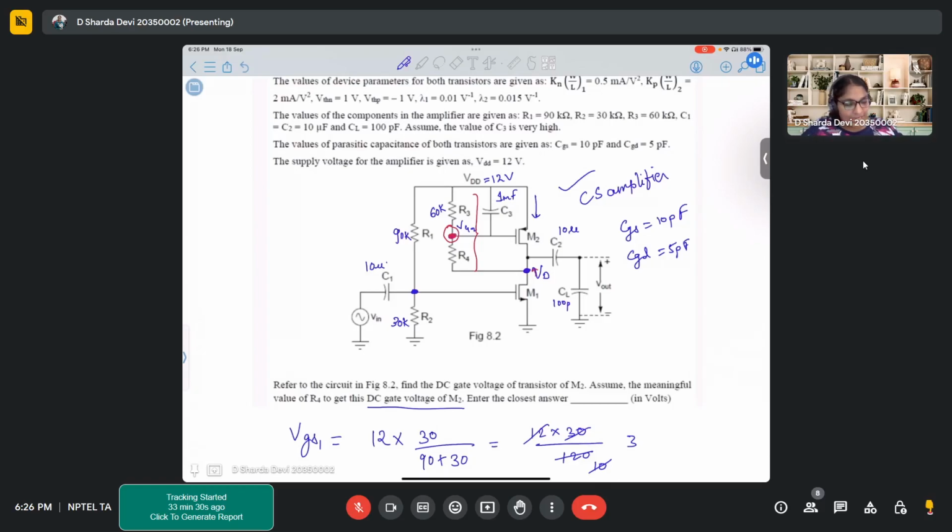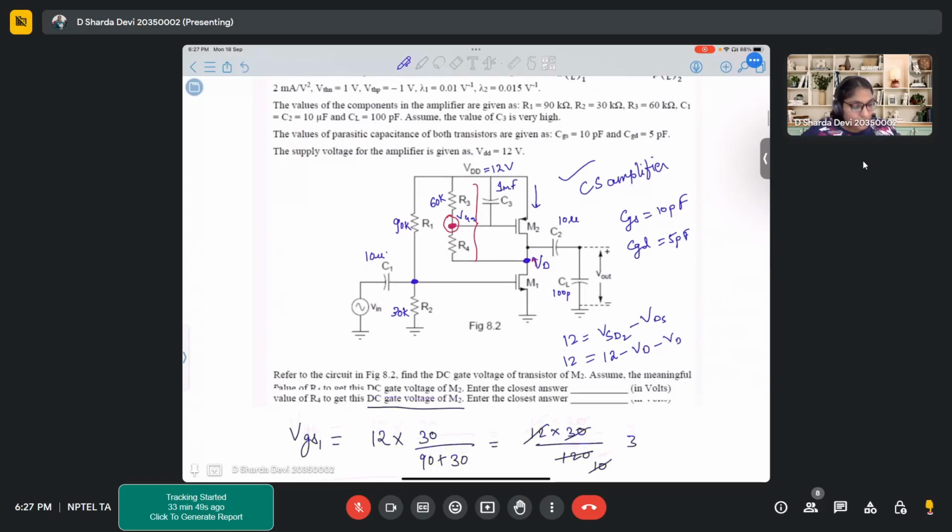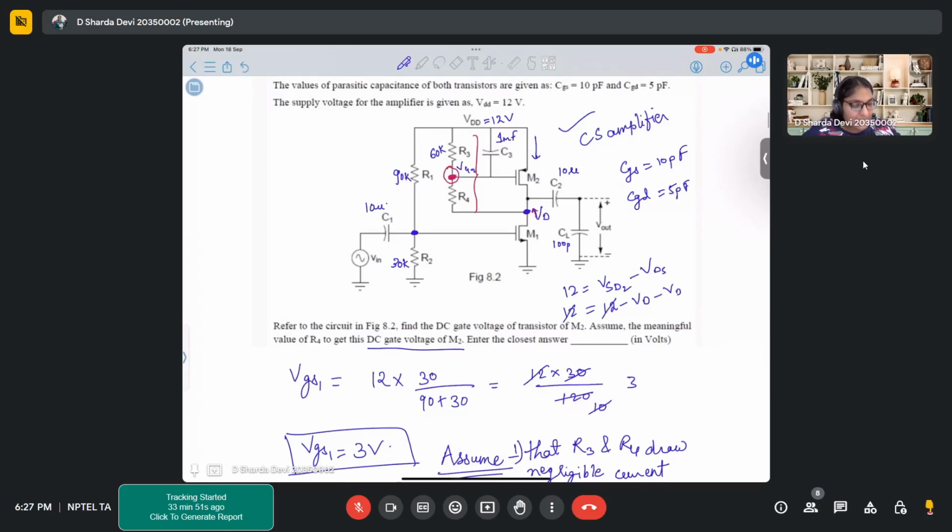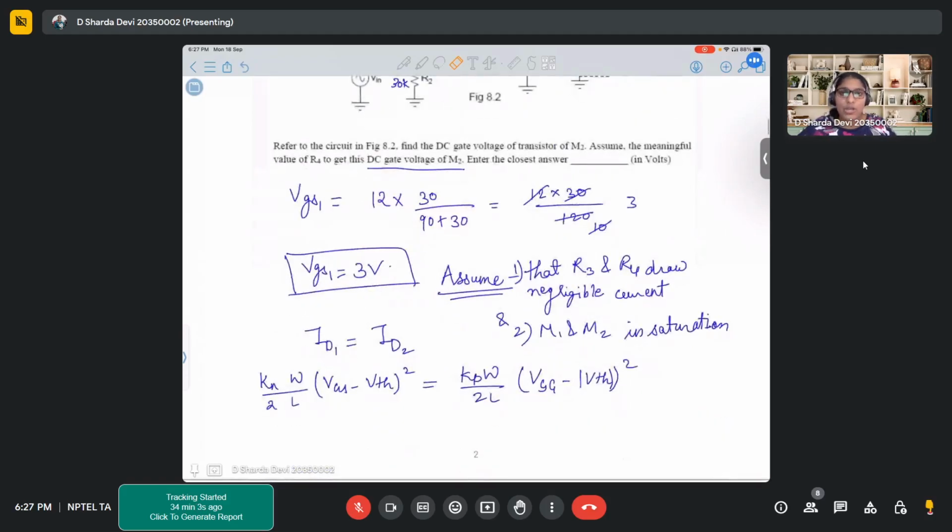But here, if we write KVL, it will appear as 12 equal to VSD2 minus VDS1, which ultimately becomes 12 minus VD, minus VD. So these two actually cancel. So unfortunately, we are unable to solve it. So that's why we are moving ahead with this safer, smaller expression.